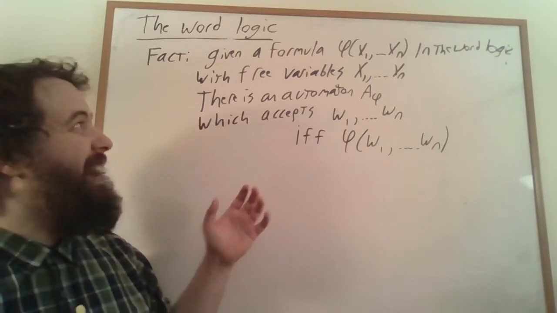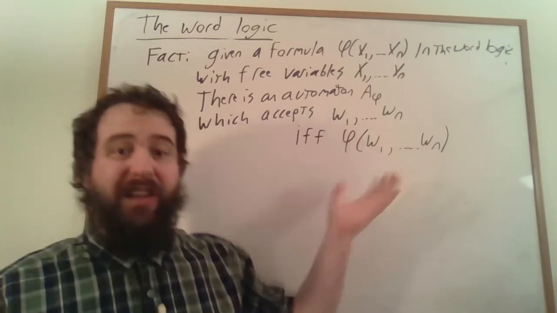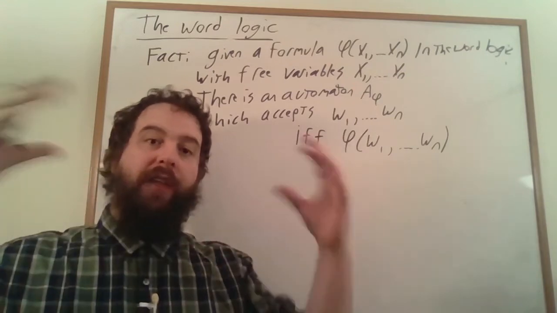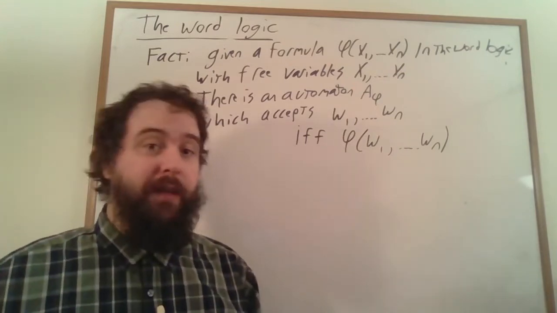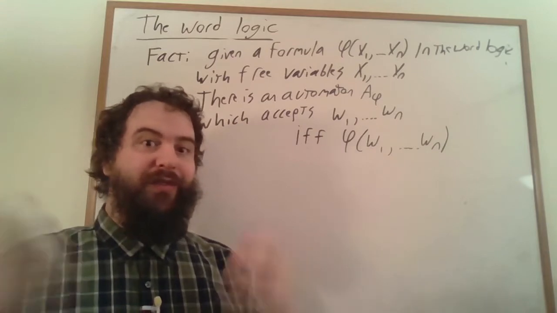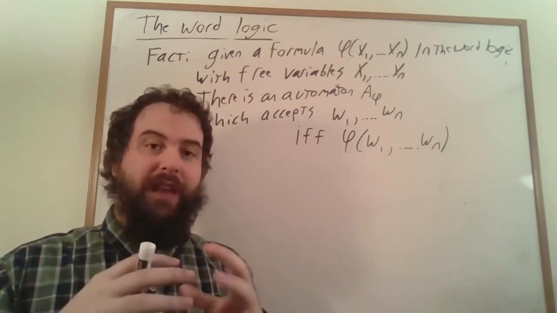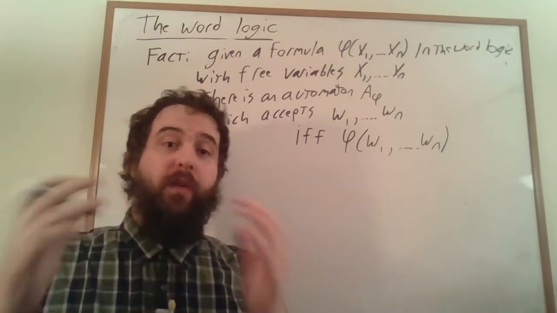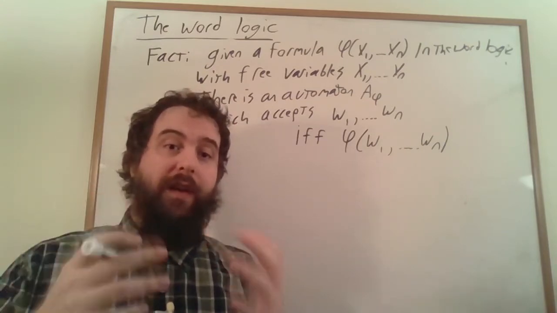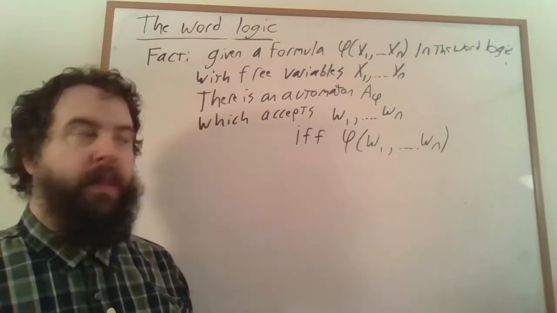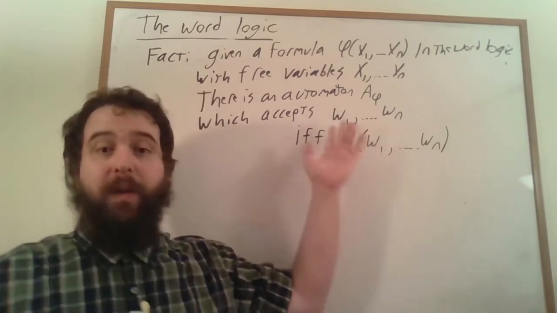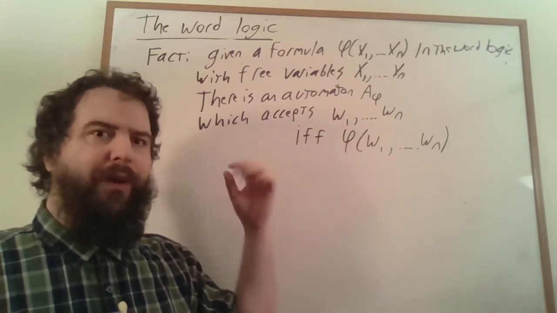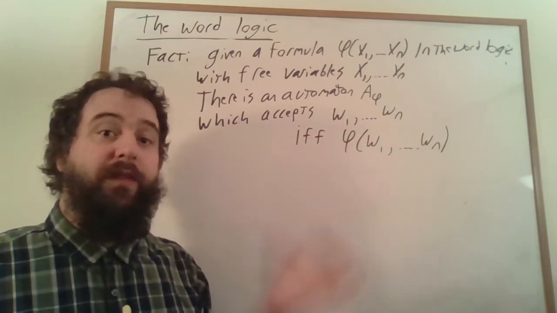But in order to get this proof by induction to work, in the process of constructing a formula with one free variable, we need to construct intermediate formulas that have multiple free variables, before we reach the quantifiers that quantify those variables so that they're bound. And so by being able to reason about what it means to input multiple words into a single automaton, we've already done some of the tricky work of this proof by induction.